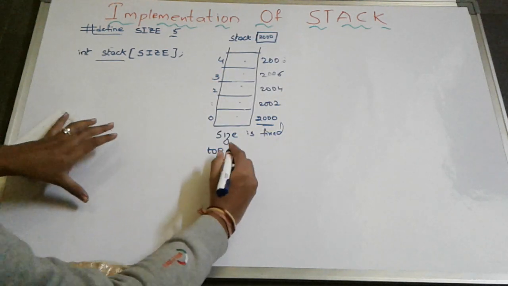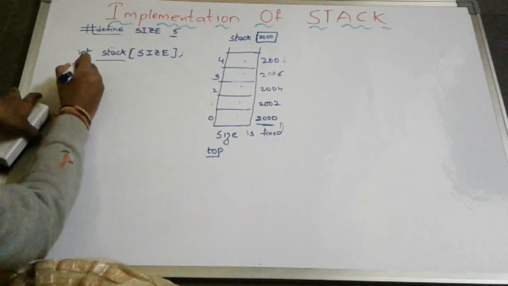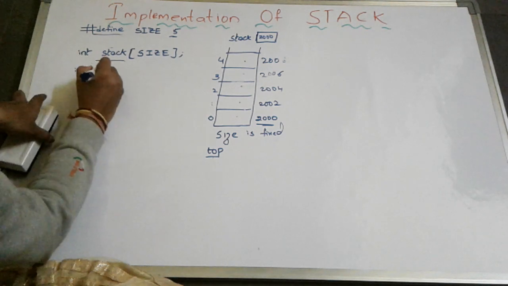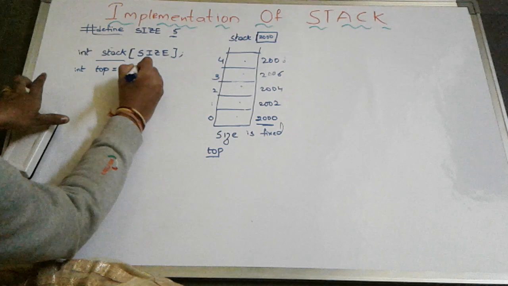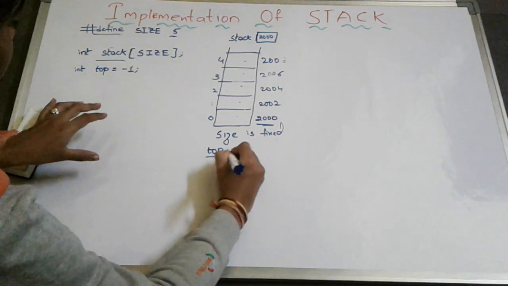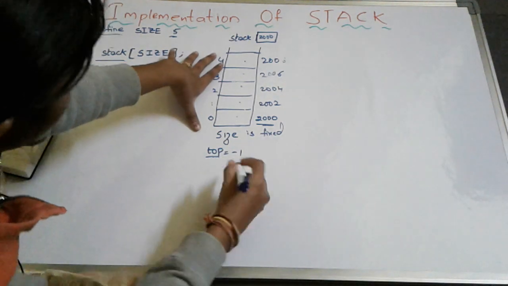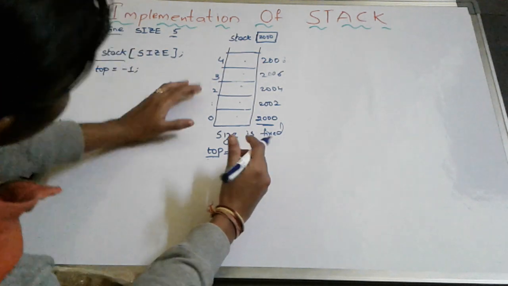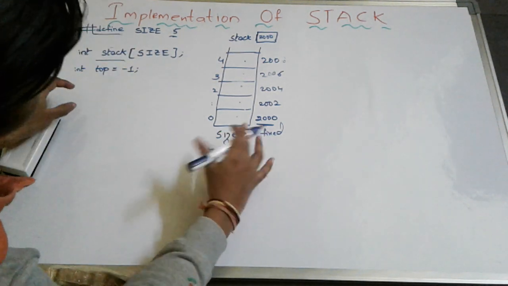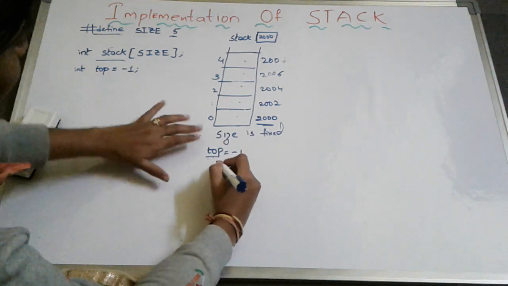Now top is a global variable which initially contains -1. If the stack is empty, then top is -1. While pushing data elements into the stack, we increment the top and then we push.